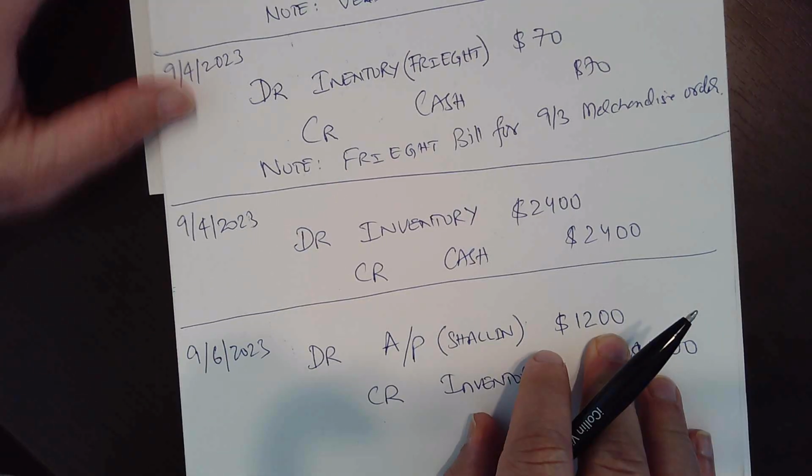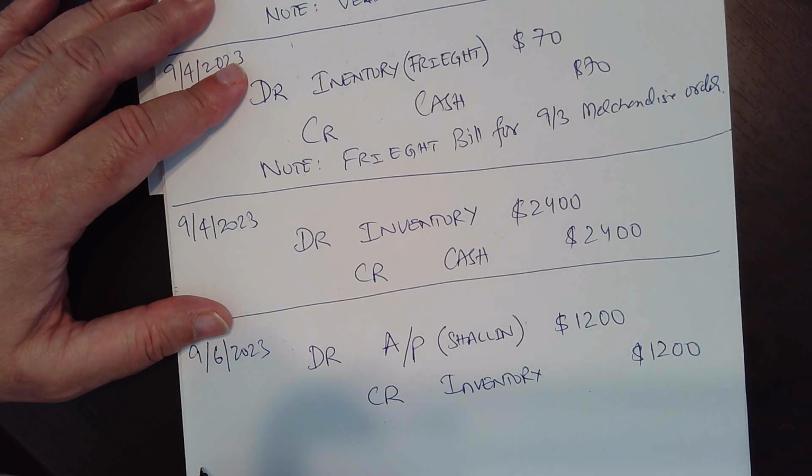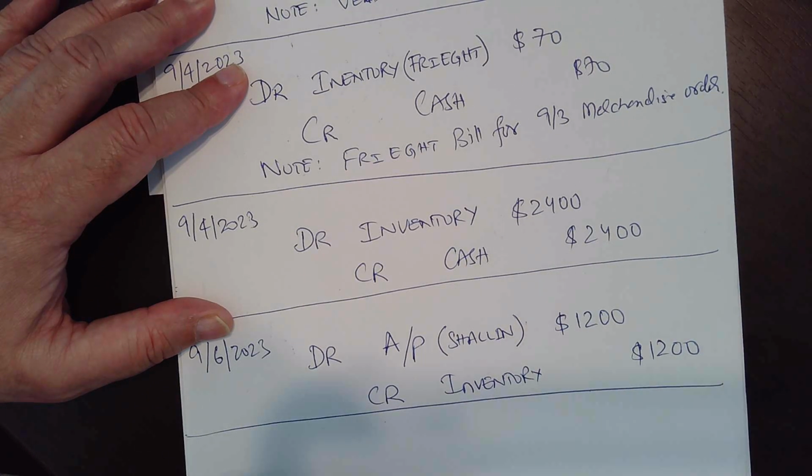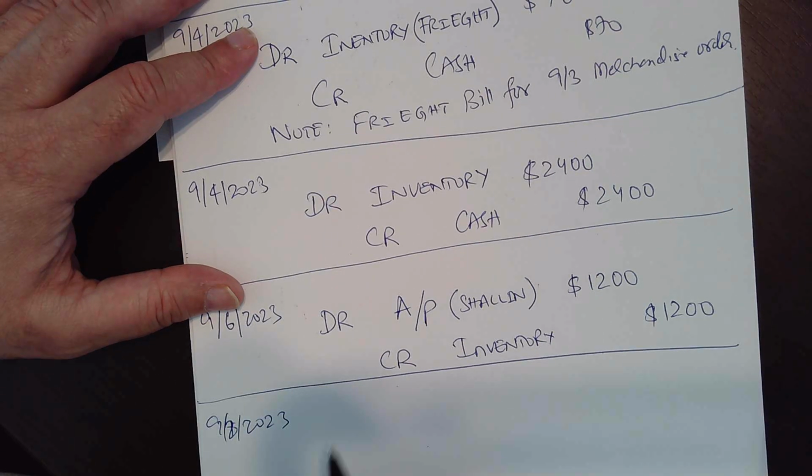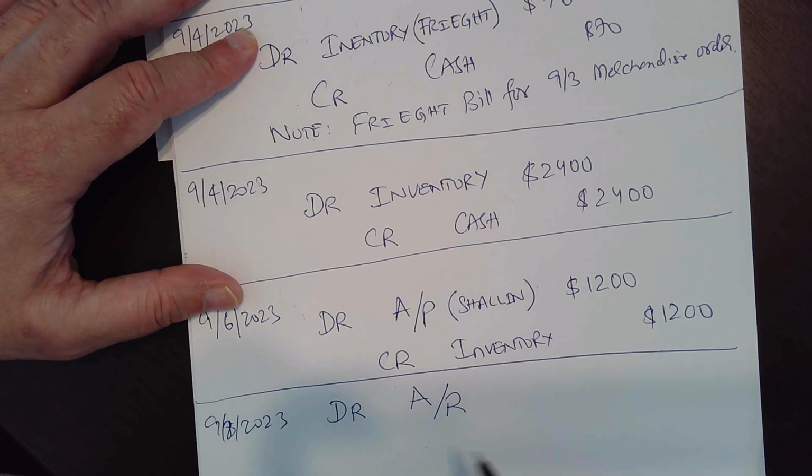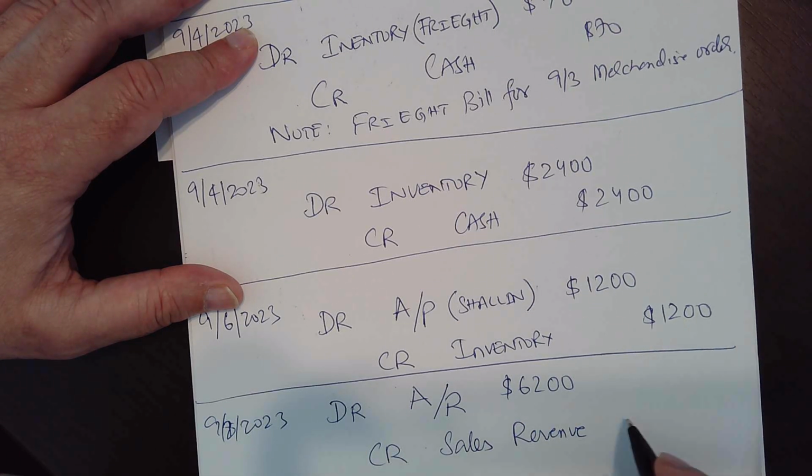So we are selling the merchandise on September 8. We're going to debit accounts receivable, because we are selling on account, for $6,200, and we're going to credit sales revenue for $6,200.